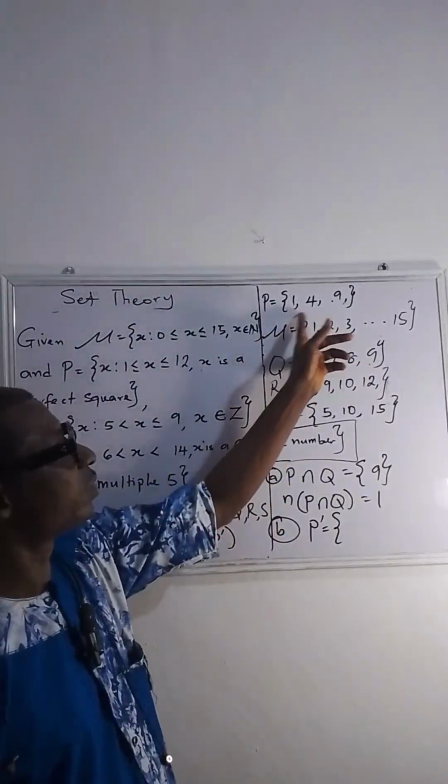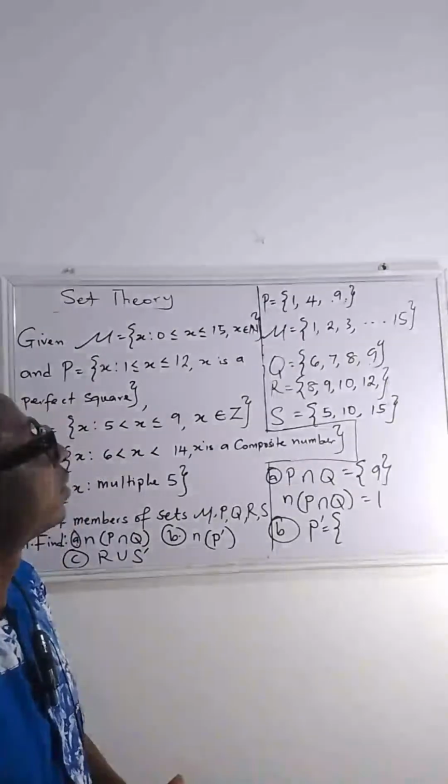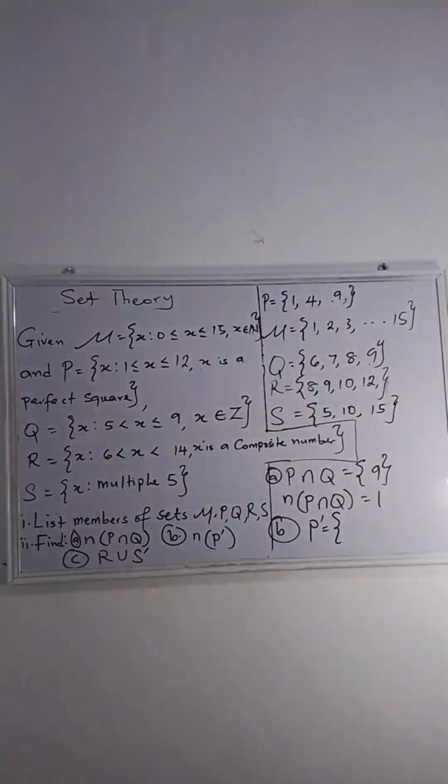P complement. This is set P. Now list P complement. Can we quickly do that? I'm waiting for your answers in the comment section.